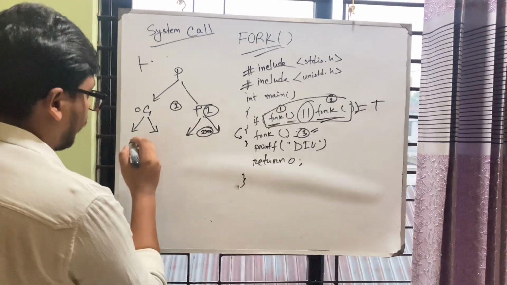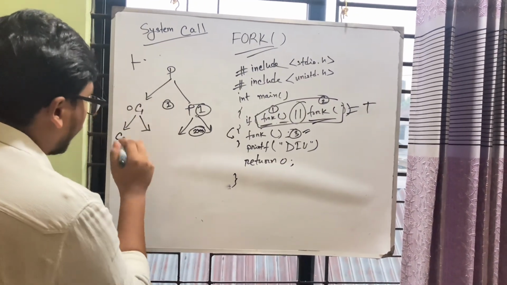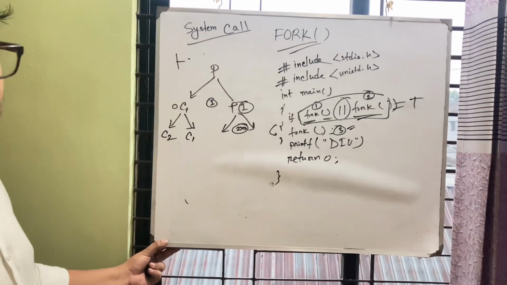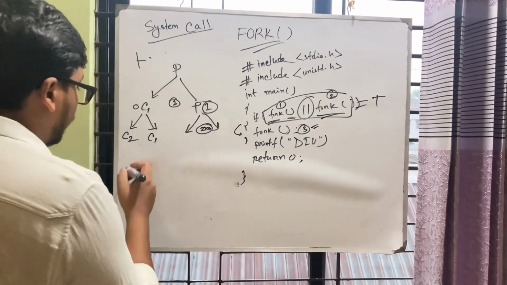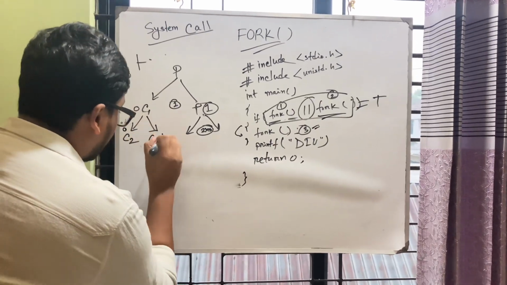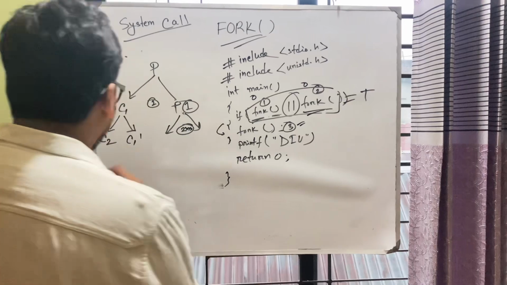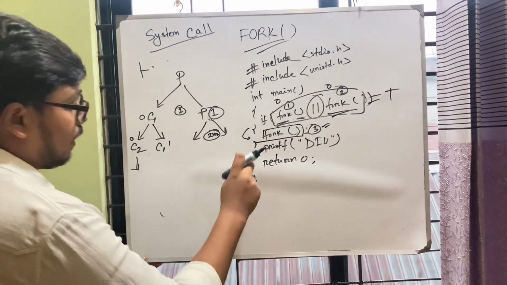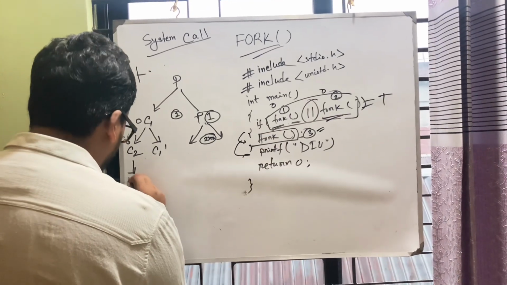So for the second one, it creates a child of C1 and the same parent, and of them, this returns 0, this returns 1. For 0 and 0, it doesn't execute the third fork, it executes the last printf function, and it returns.